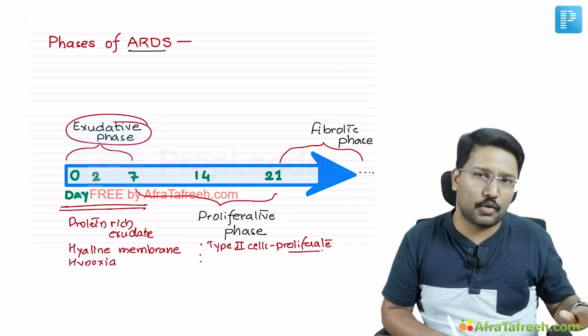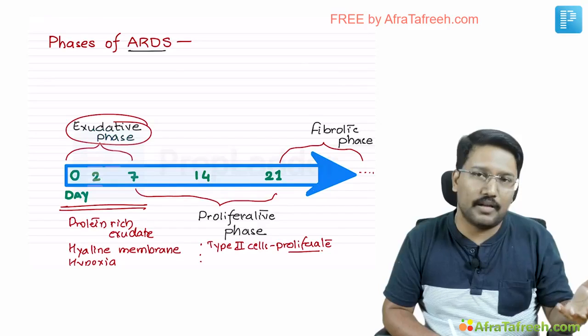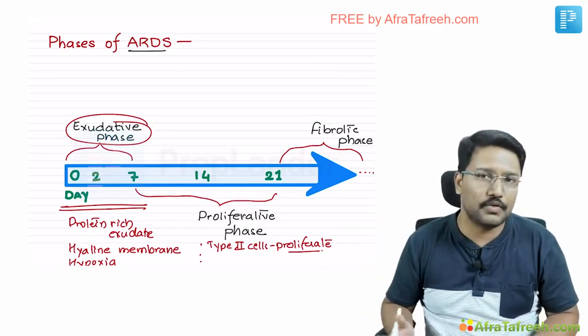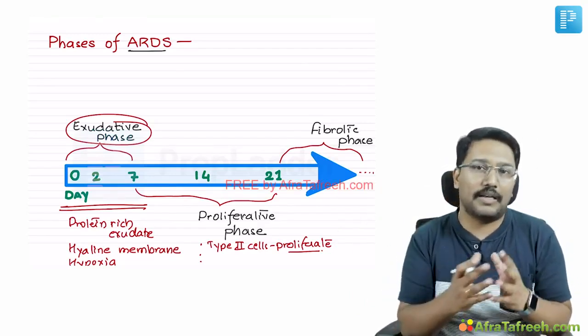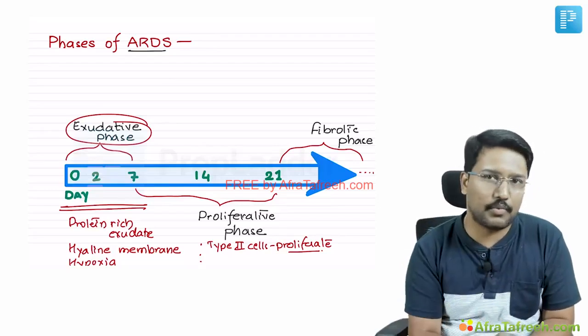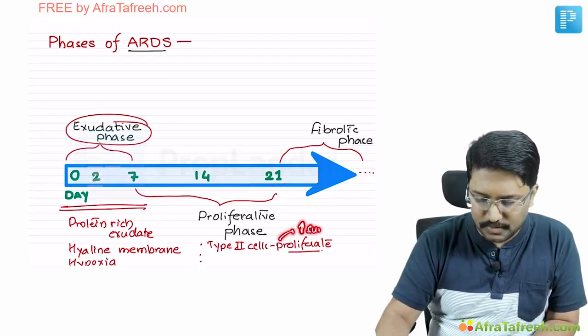Now that is getting resolved because there is no ongoing inflammatory insult. There are not many inflammatory cytokines produced because of the systemic insult. You have handled that well. So the type 2 pneumocytes now start producing a good amount of surfactant. So the surfactant will now be able to help alveoli retain their shape and not collapse. That's one important change. So there is increased production of surfactant.